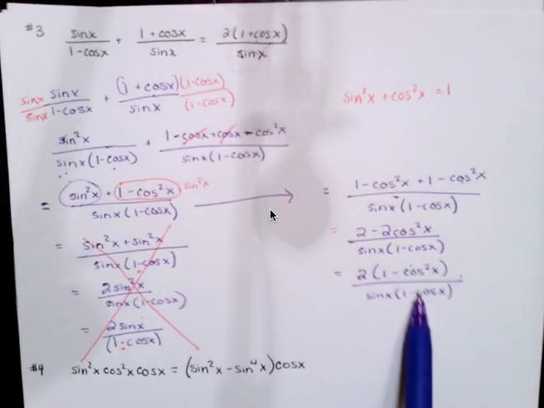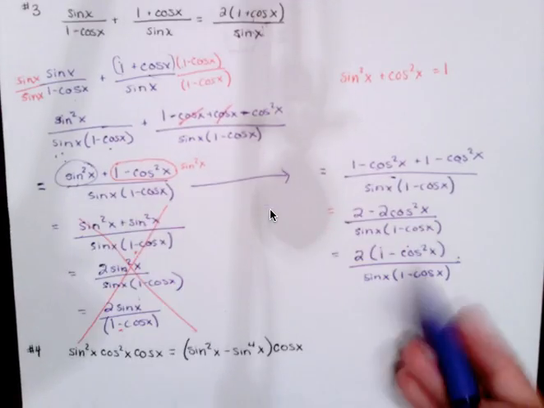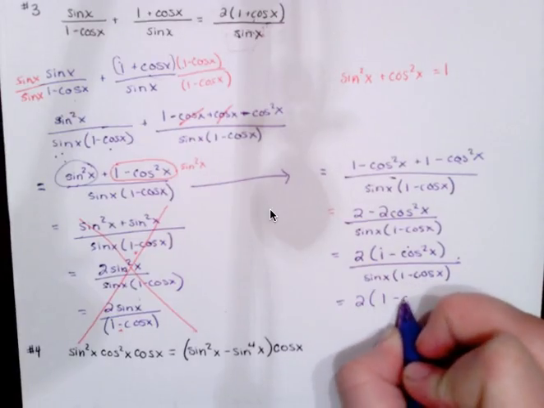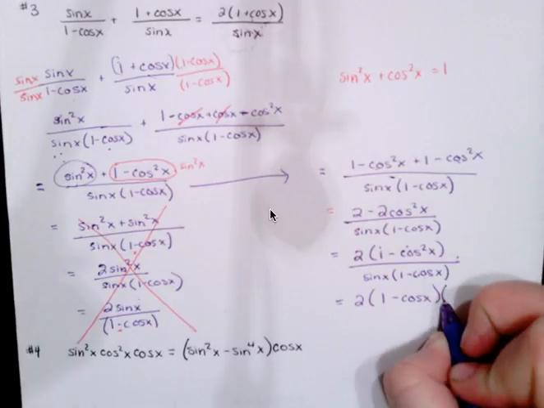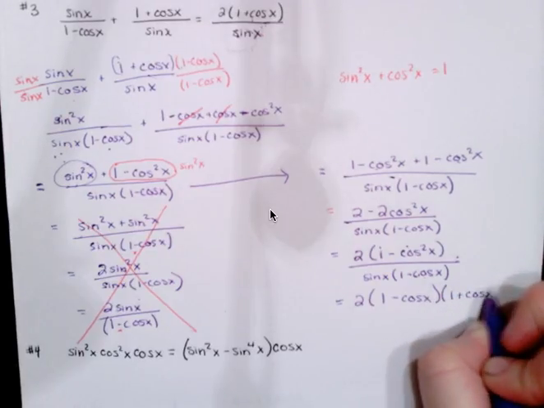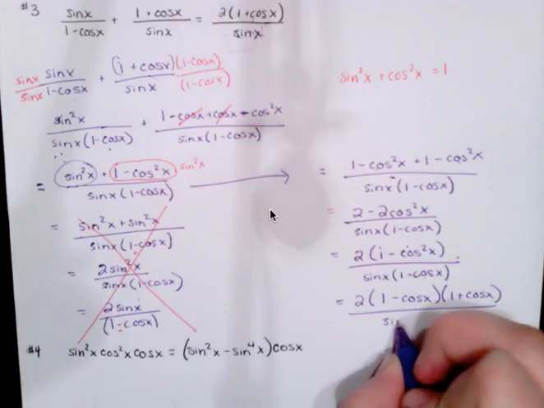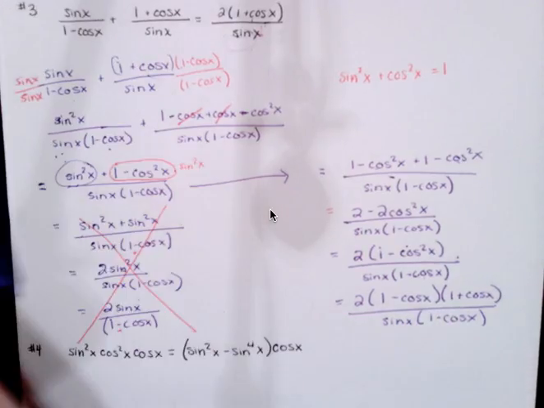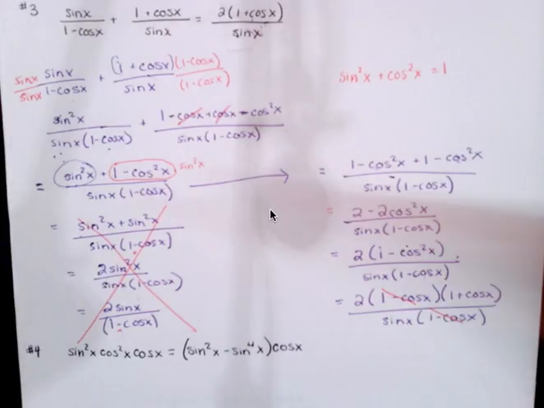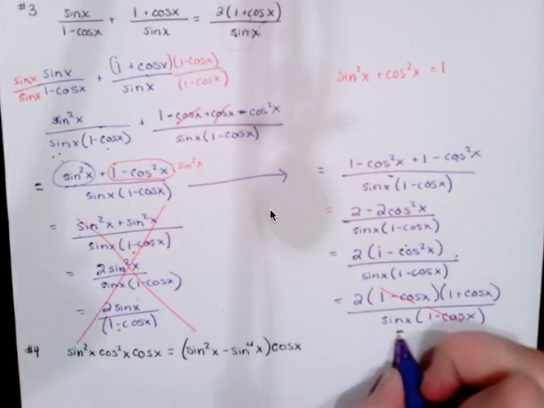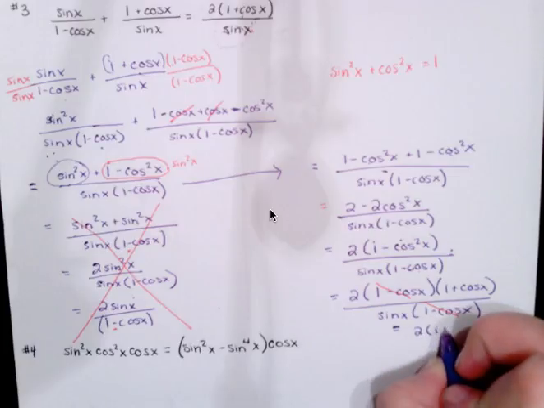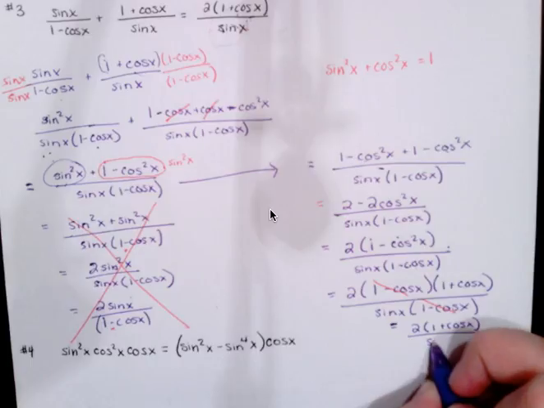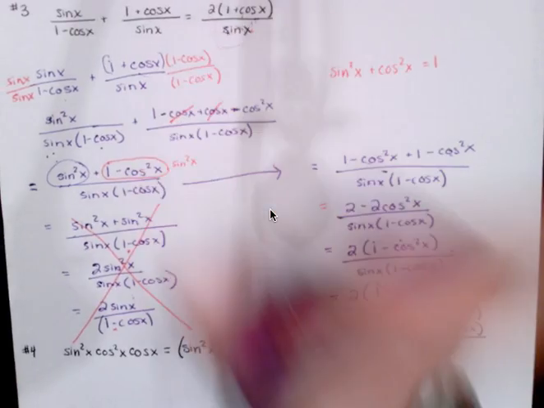But these don't cross out. But notice this is a difference of squares. So then I could do 1 minus cosine of x, 1 plus cosine of x, and it's all over sine of x, 1 minus cosine of x. Hey, my 1 minus cosines are going to cancel out, and I end up with what I needed. 2, 1 plus cosine of x over sine of x. That's where I wanted to be.